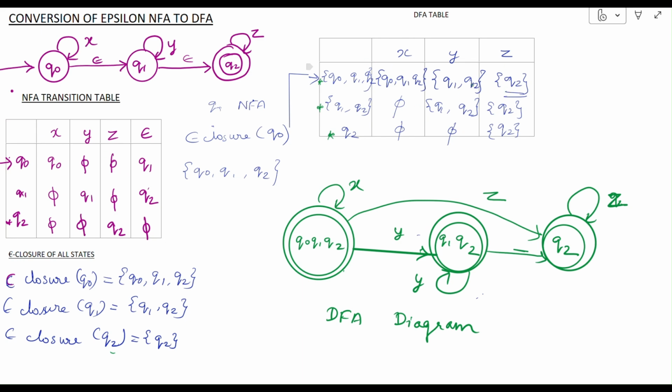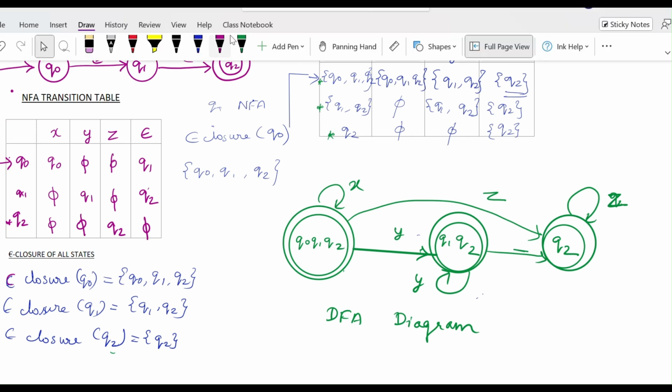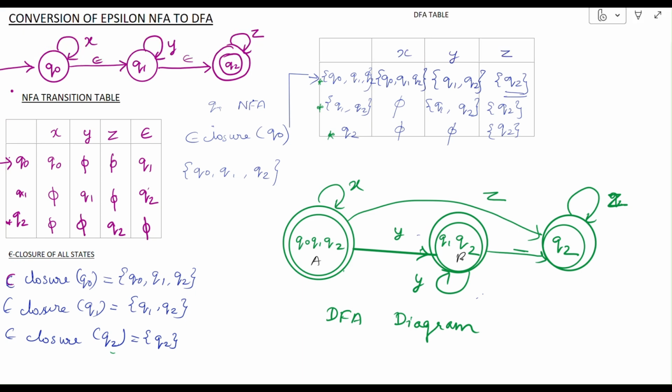Once it is done, you can draw the diagram. You can represent the states with single names also, say A, B, and C. Thank you.